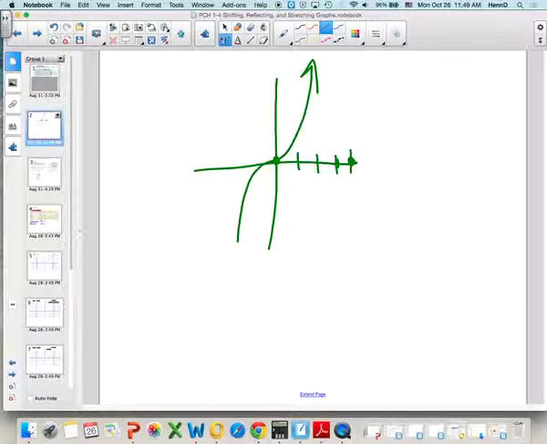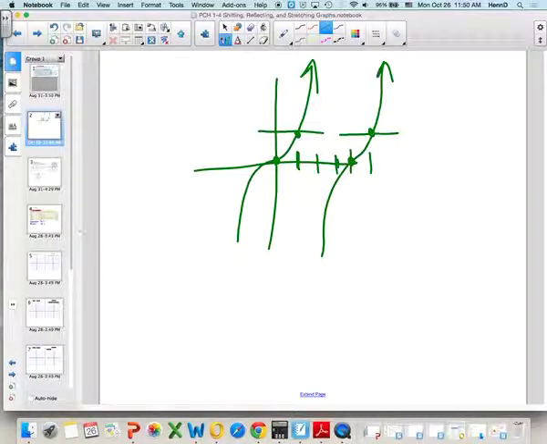And we typically hit 1 here at 1, but when we subtract 4, we don't hit that level until we get all the way over here to 5. It slowed it down 4 units, so the whole thing gets shifted over 4 units to the right.